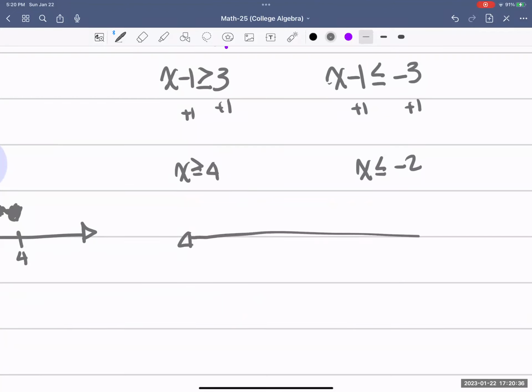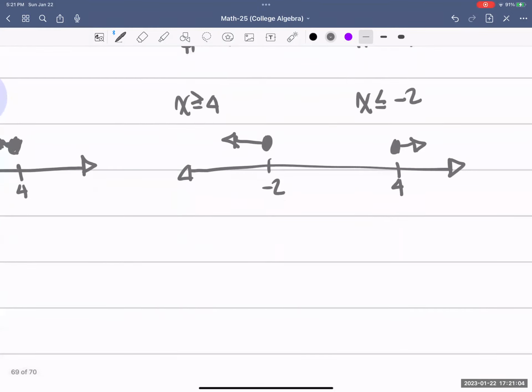Throwing this on a number line just to see exactly where these values are: x is greater than or equal to 4, so numbers bigger than positive 4, closed circle because it's greater than or equal to. And on that side, the second part, x is less than or equal to negative 2, closed circle, and numbers smaller than negative 2.